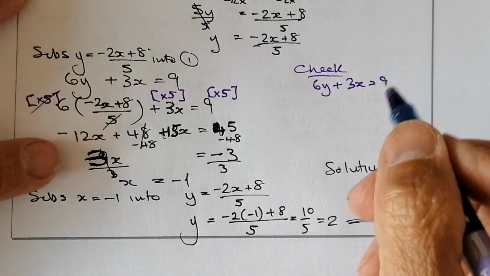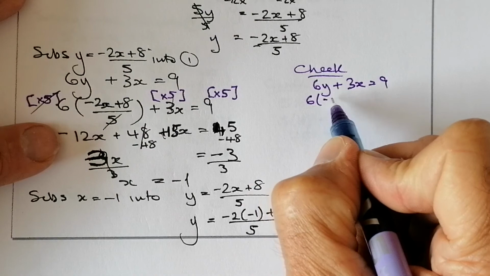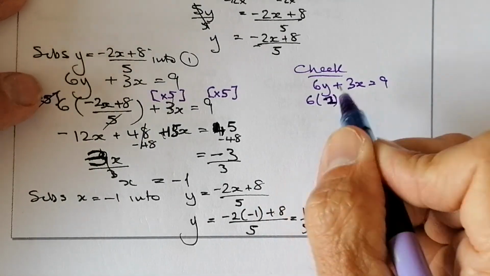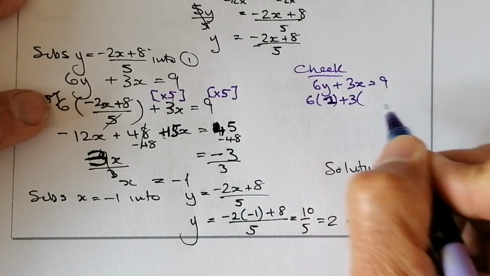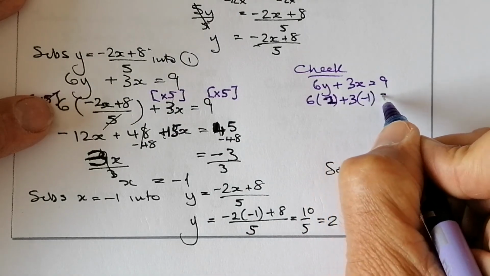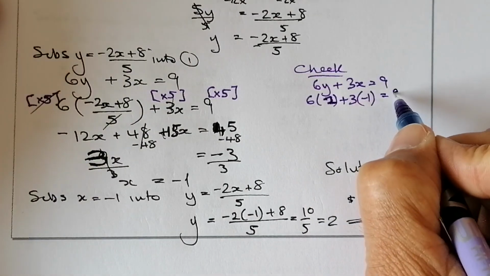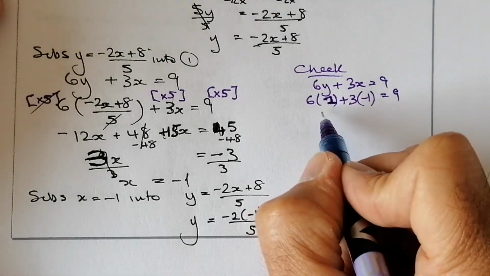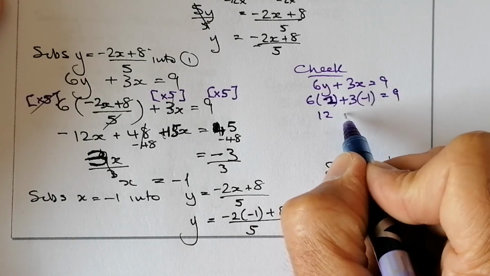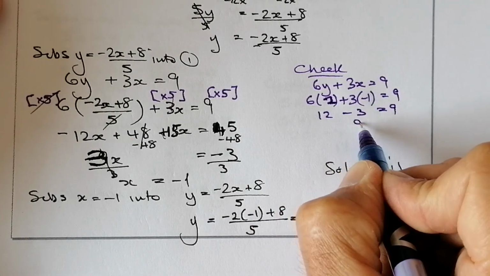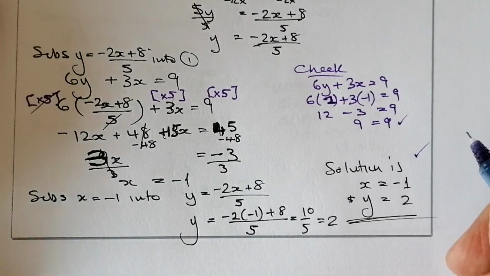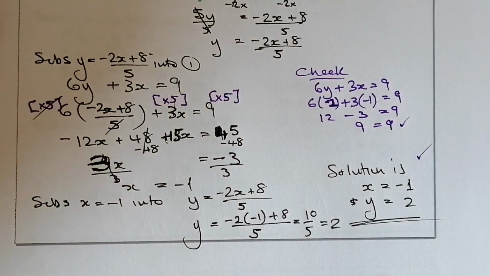I'm going to substitute a negative 1 in here, so 6 times minus 1, 6 times 2 for y, plus 3 times minus 1, and I want that all to be equal to 9. So just rushing a wee bit to get the video finished just now. So 6 times 2 gives me 12, and that will be subtract 3, and if that equals 9, I know my solution is correct. Okay, and that's the way we work this through.